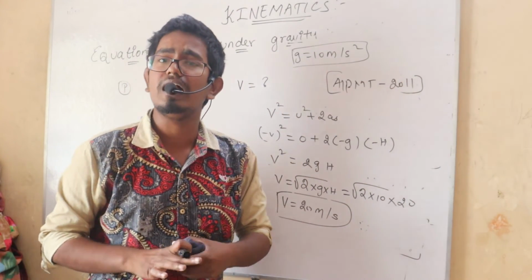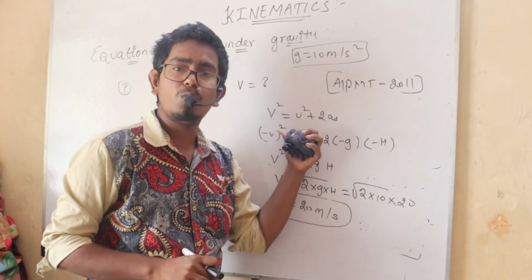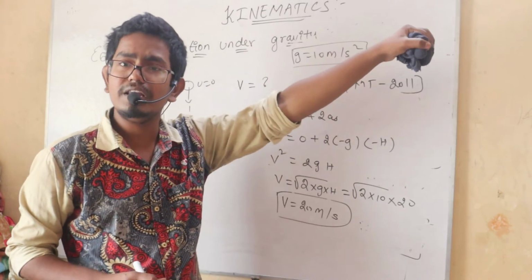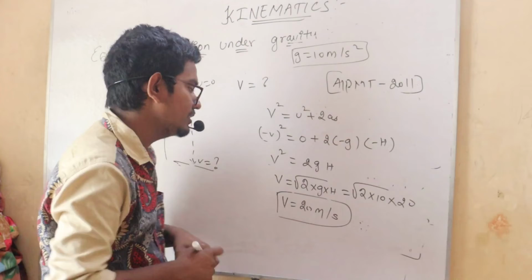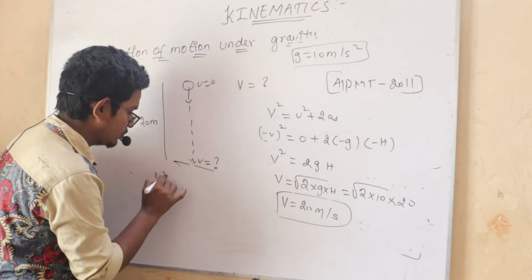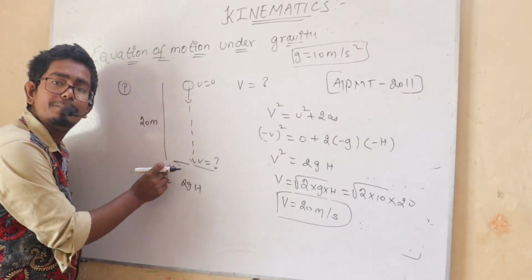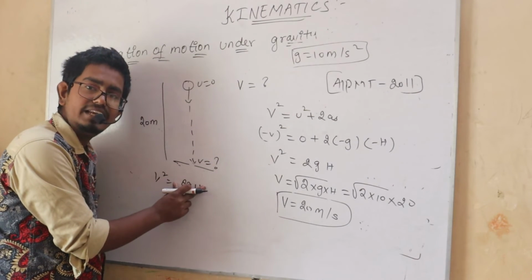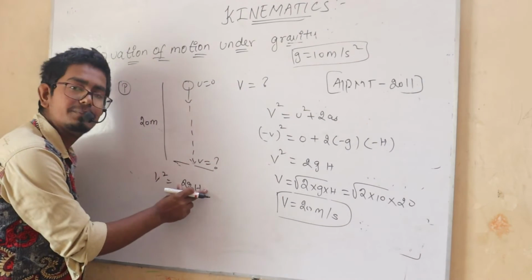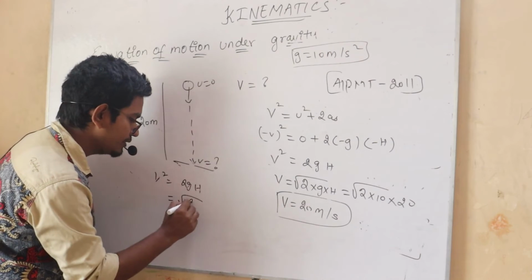How am I saying this? In the previous one, we said that whenever a body is falling freely, the formula is v square is equal to 2gh. Whenever I bring the square to this side, the square will become a root, so it will be root over 2gh.